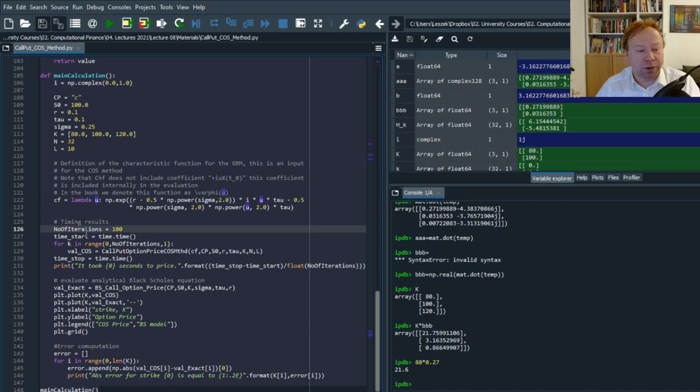Then we have number of iterations. You can see that in this experiment we measure the time. We will just repeat the same evaluation multiple times and take the average over how many iterations we have done. This is a rather standard way of measuring time. We don't just do one run and then measure the time, because every time we repeat it, the time will be slightly different.